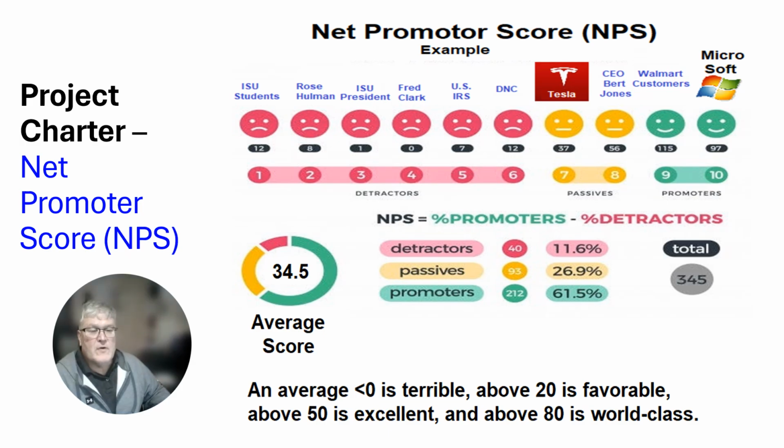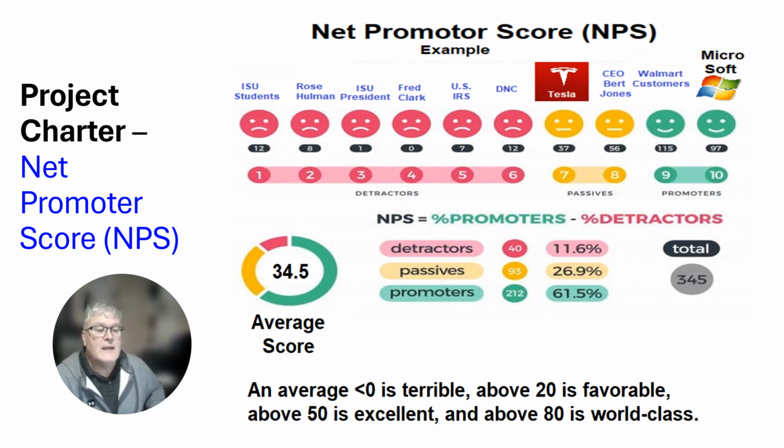Here's an example of a Net Promoter Score chart. So you can see that there's just various stakeholders involved. So for one end of the spectrum, we have Microsoft, and maybe in this circumstance, they're rated a 10 or a 9. You have Tesla, you have some CEO, Burt Jones, you have Rose Holman, Indiana State President, Fred Clark, so on and so forth.